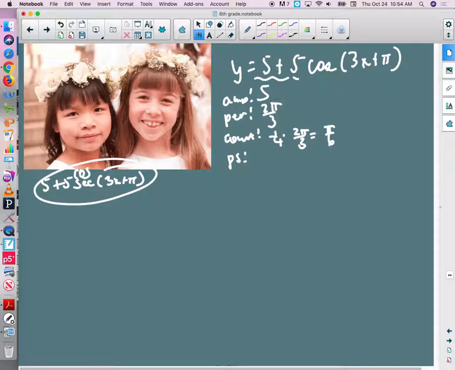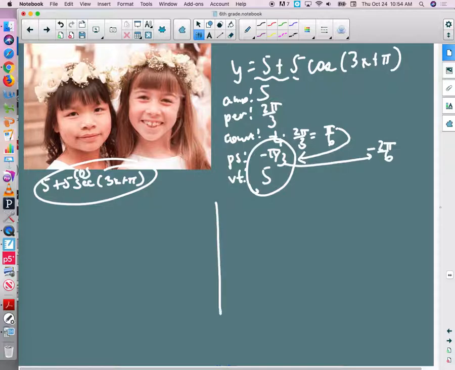Phase shift, negative pi over 3. And vertical translation, 5. This is my new 0, that's my new origin. And I'm going to add pi over 6 to that. So I'm going to change this to negative 2 pi over 6 so that I can add. All right, so it's moving back pi over 3.